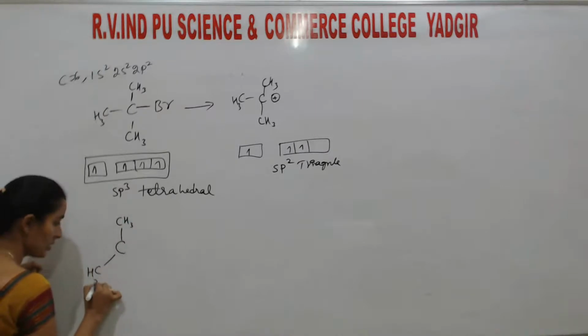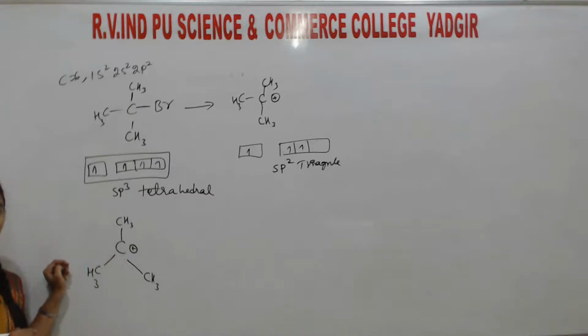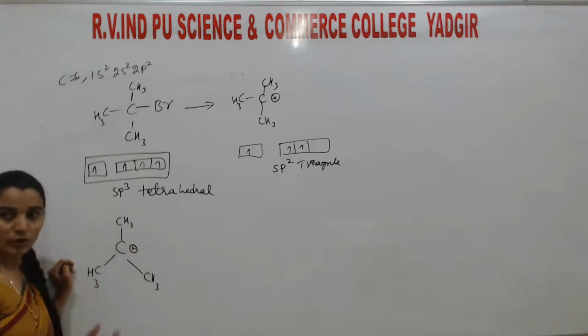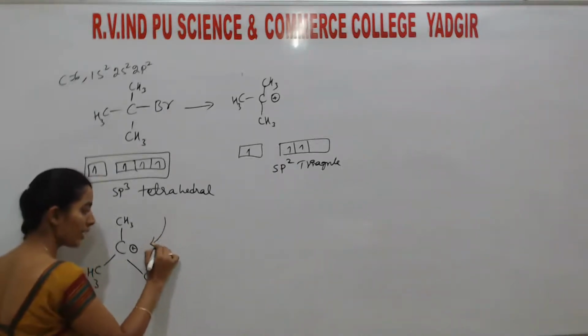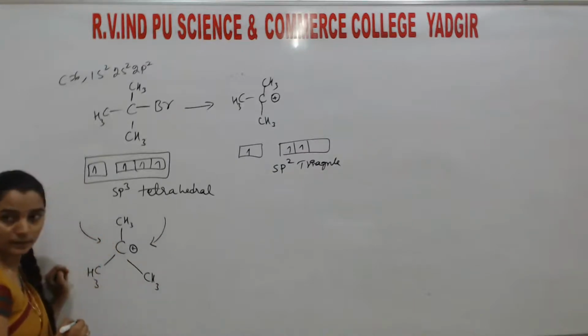So the planar molecule is triangular here, with CH3, CH3, CH3 and a plus charge. After the formation of the carbocation, attack of the nucleophile takes place. As I told you, the nucleophile may attack from this side or from this side.